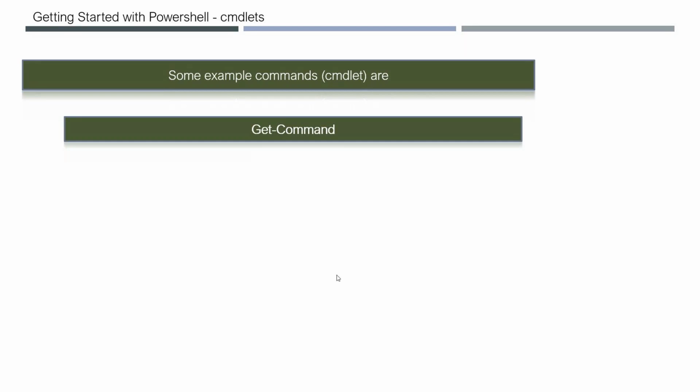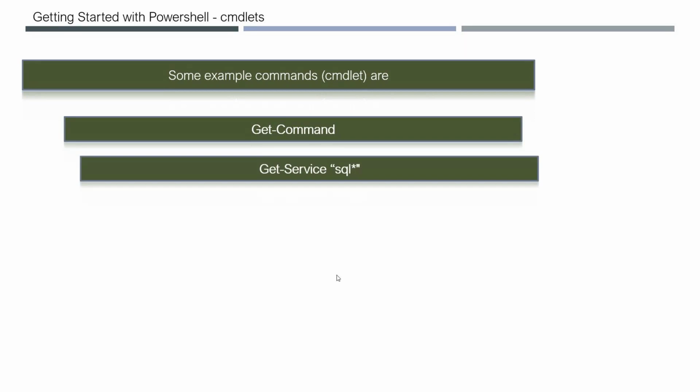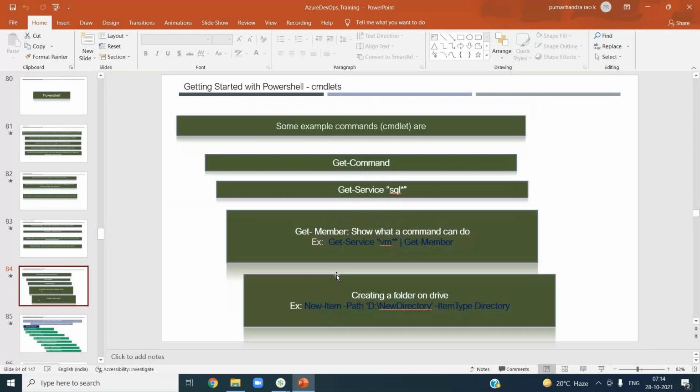So this is how your PowerShell command looks. You will have two words, word one hyphen word two. The reason I started with Get-Command is that it will give you the list of all the commands available in your local PowerShell environment. As I told you, PowerShell is module based.